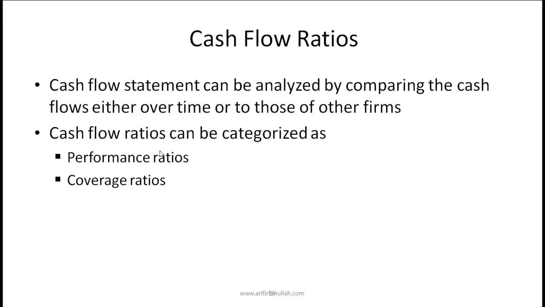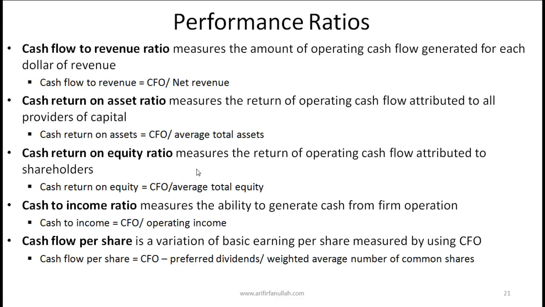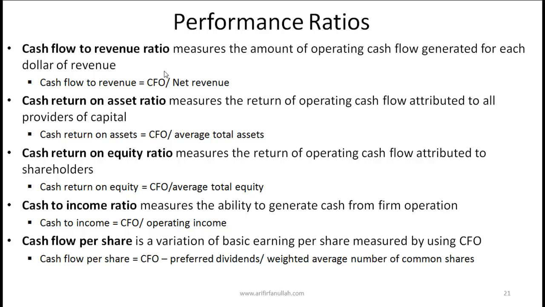Broadly speaking, you can categorize ratios as performance ratios and as coverage ratios. With performance ratios, you are determining the performance of a company, and there will be cash flow oriented analogies to the ratios you'll find in the income statement. Cash flow to revenue is simply the total cash flow generated through operations divided by net revenue.